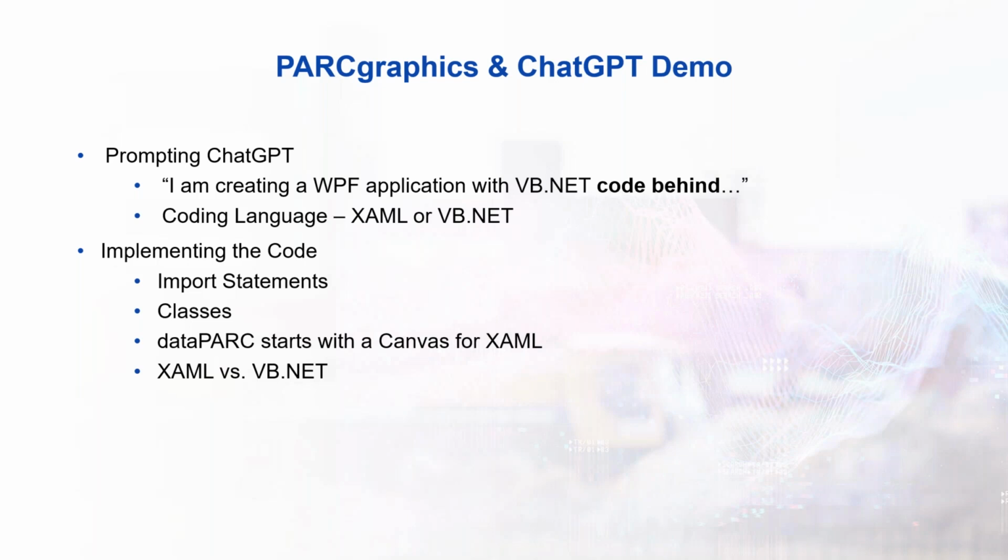So if you're using ChatGPT to get a lot of XAML, you have to be careful there, because copying wholesale from ChatGPT XAML and putting that wholesale into PARCgraphics XAML can cause all kinds of issues. So you really just want to use the XAML from ChatGPT in terms of the controls themselves. Just copy like the data grid implementation over or something like that. But you can tell ChatGPT, hey, I'm using a canvas and not a grid.